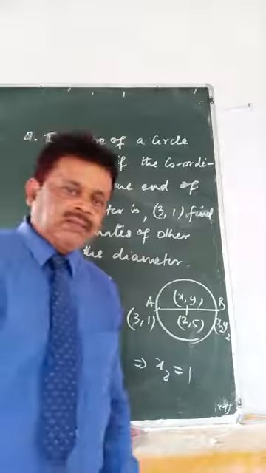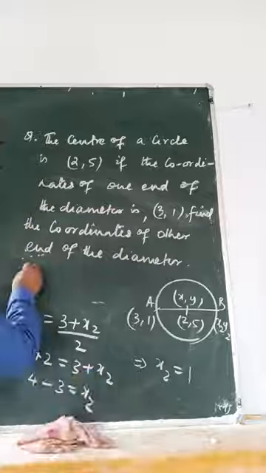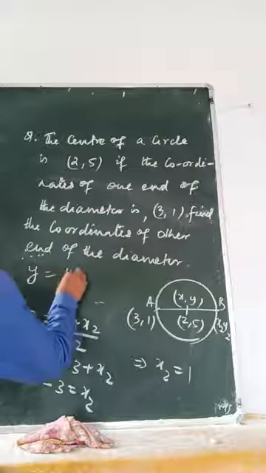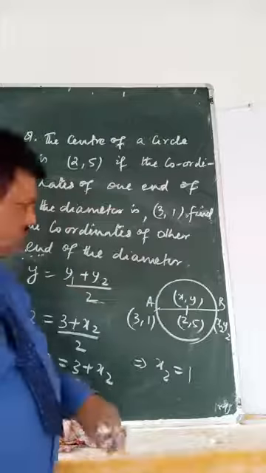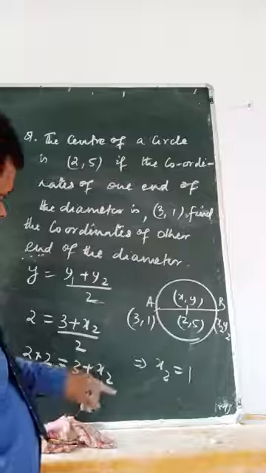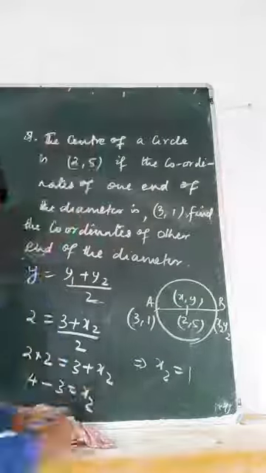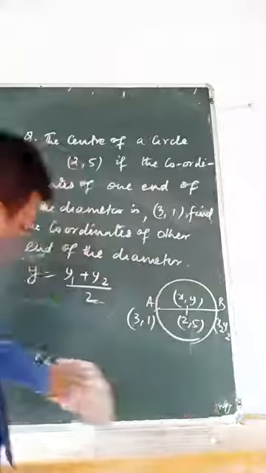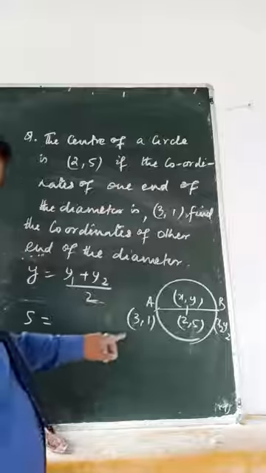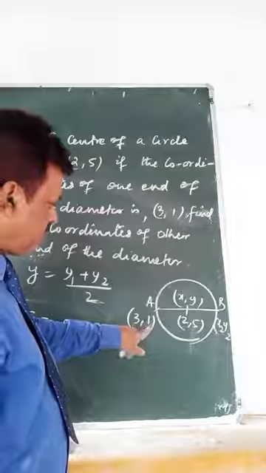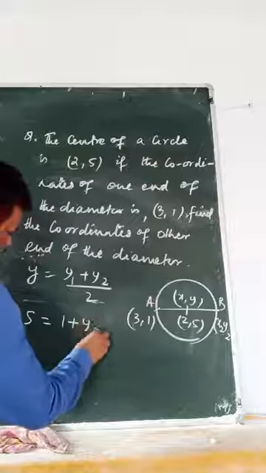Okay. Similarly, the formula for y: y1 plus y2 by 2. In place of y, what will you write? y means 5. 5 equals 1 plus y2 by 2.